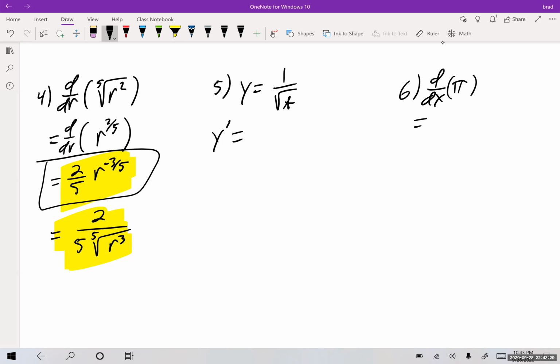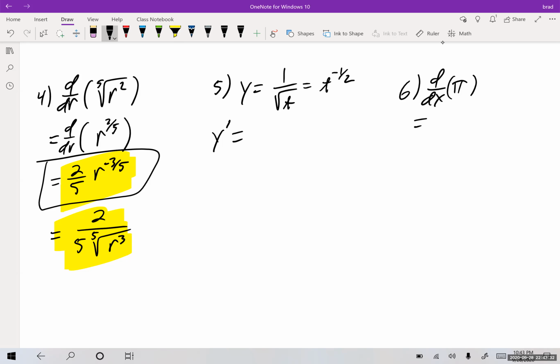Now we have this. Once again, I'm going to rewrite this as t to the -1/2. So I rewrote the square root and the t in the denominator as a -1/2 power. Take the power, put it in front, rewrite the t, reduce the power by 1. So this would be -3/2, and this would once again be a correct answer.